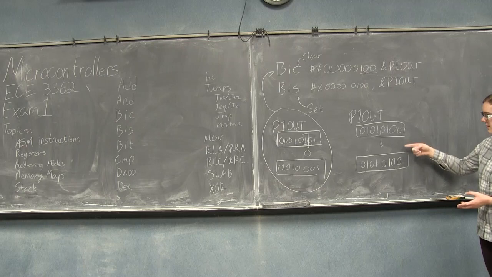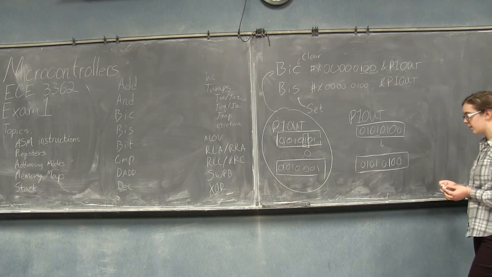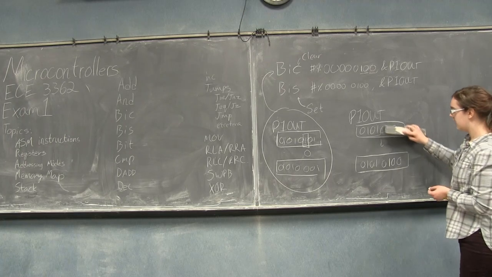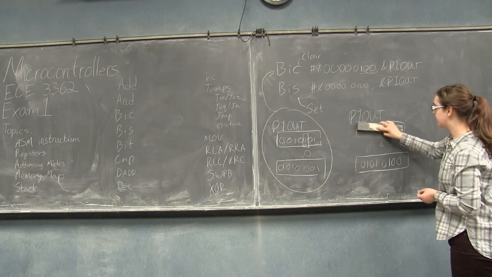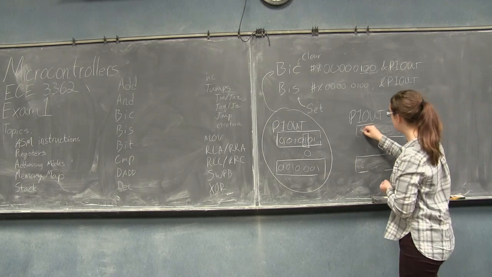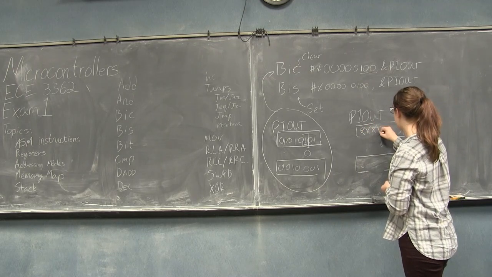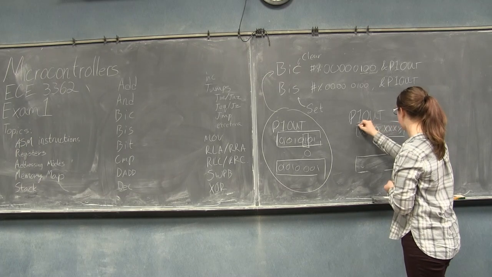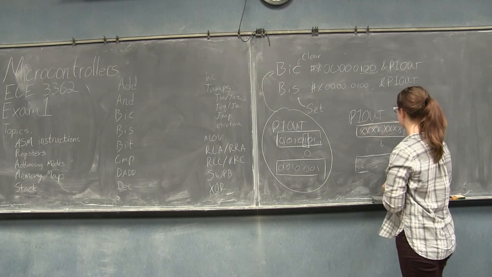And you really can't tell the difference between these, but say you had some value in here that you don't care about at the moment. You'll obviously care about it later in your program.